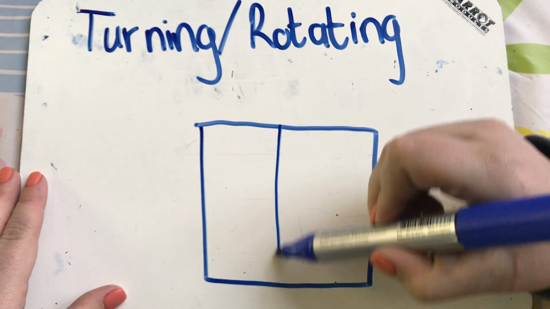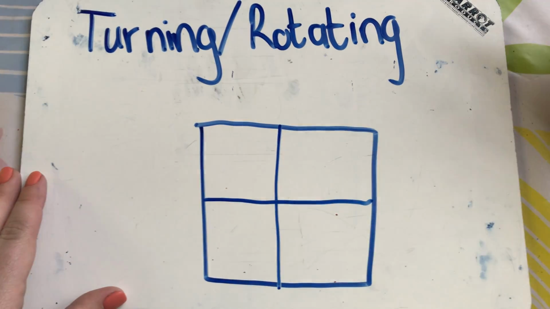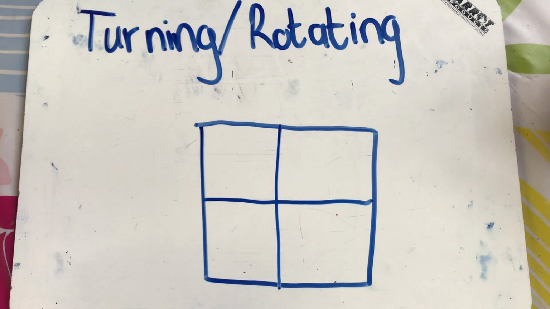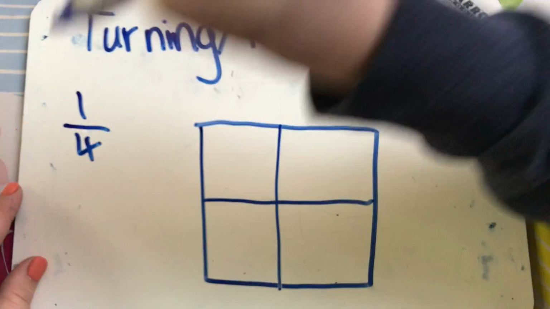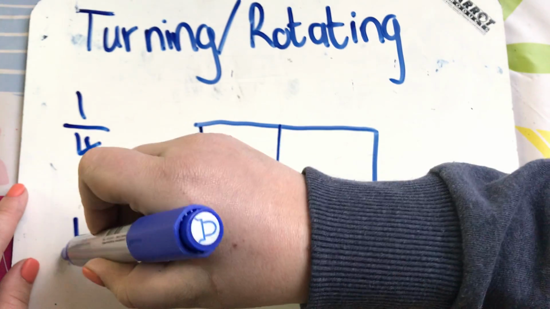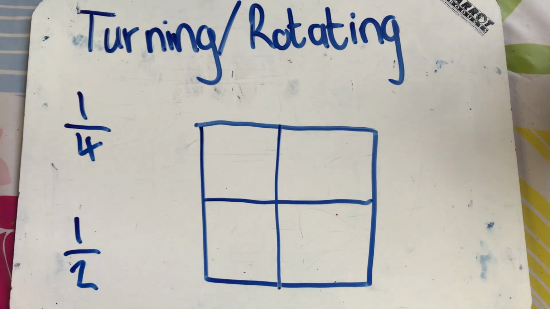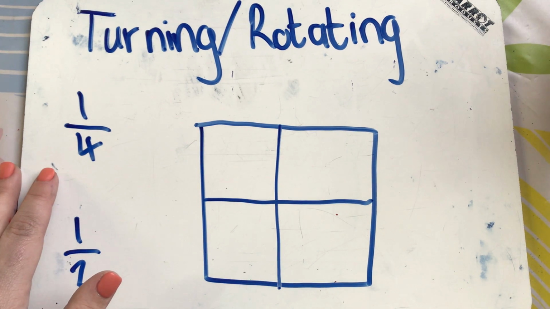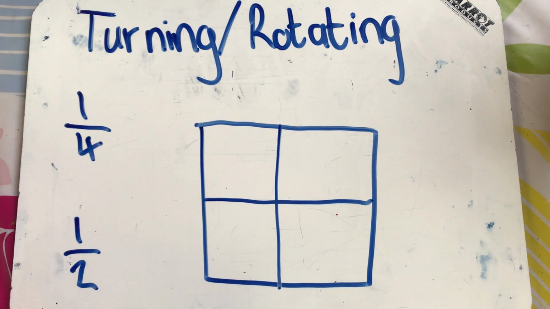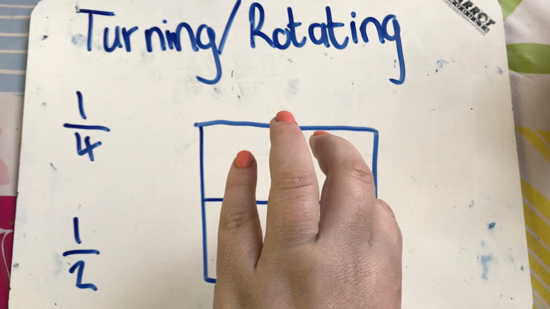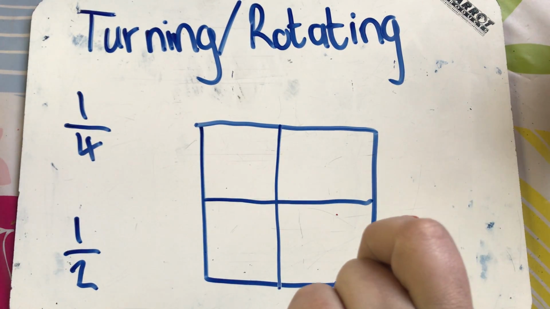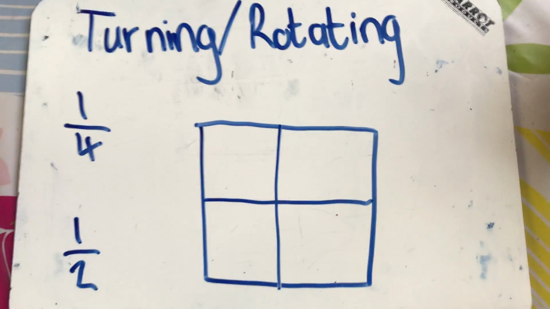I would suggest dividing this block into 4, because I could either ask you to rotate something a quarter of the way or to rotate something half of the way. All right. Now, obviously, that's going to be decided by whether I say clockwise or anti-clockwise. If I say rotate it a quarter clockwise, you're going to go this way a quarter. And if I say rotate it a quarter anti-clockwise, you're going to go that way a quarter.